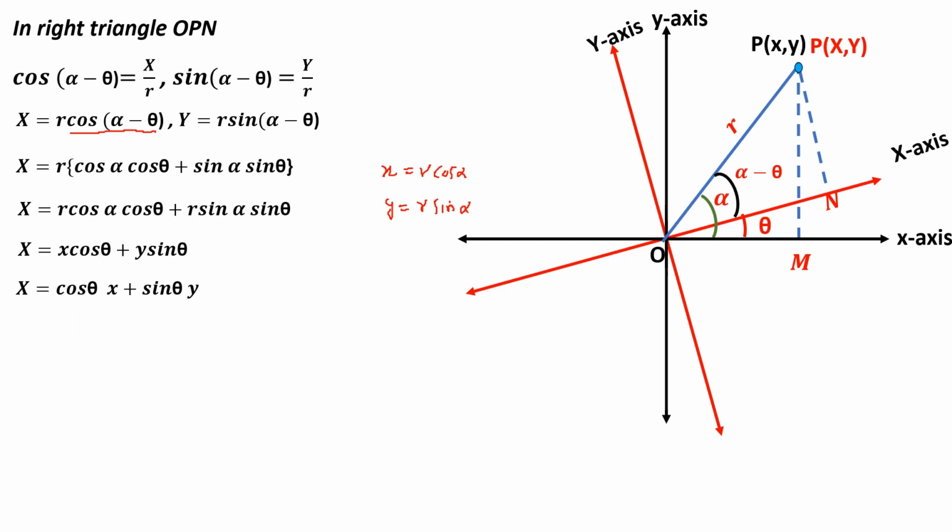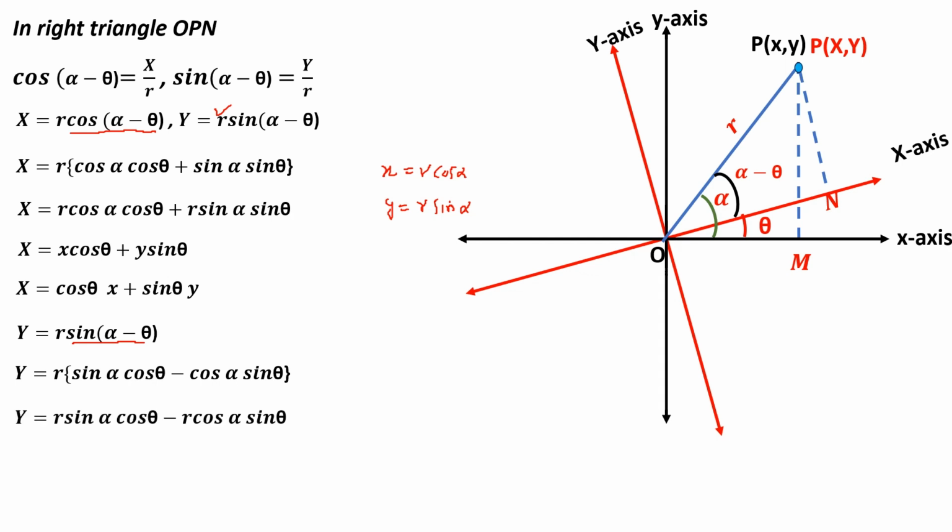Now we take capital Y. Capital Y is equal to R sin(alpha minus theta). Again we expand sin(alpha minus theta) as capital Y is equal to R into (sine alpha cos theta minus cos alpha sine theta). Multiply R with both these terms and we get capital Y is equal to R sine alpha cos theta minus R cos alpha sine theta.